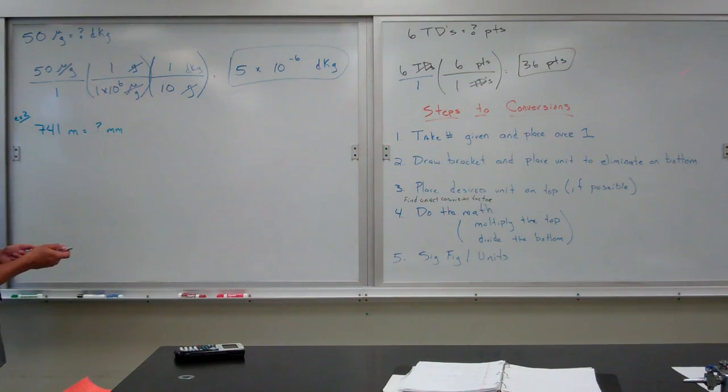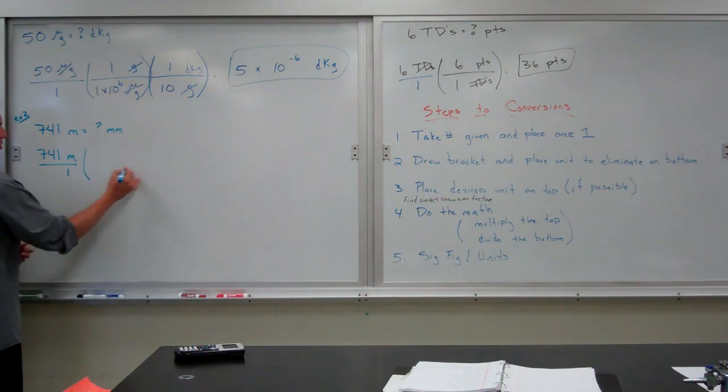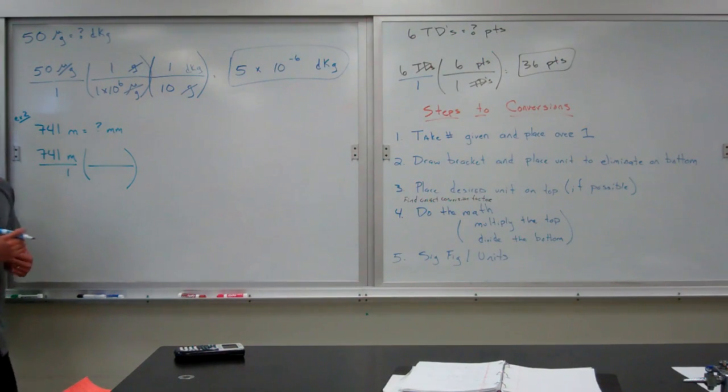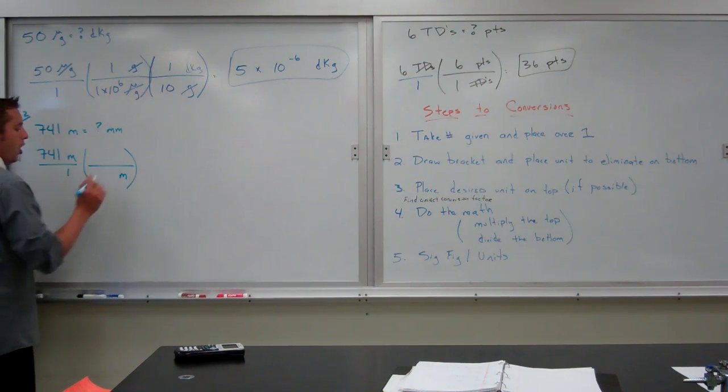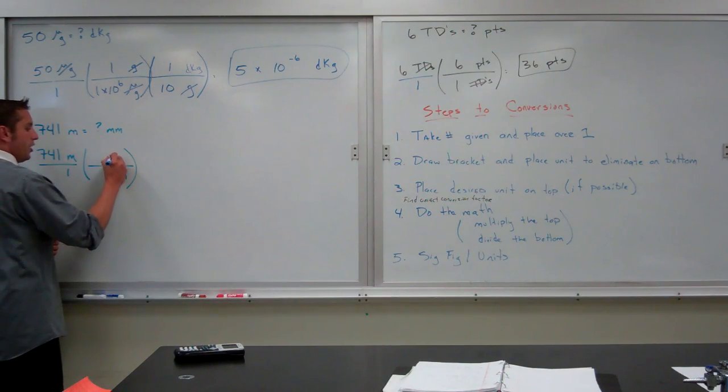Right? Step 1, take the number given and place it over 1. 741 meters over 1. Step 2 says draw my brackets and place the unit to eliminate on the bottom. That means I'm going to put meters on the bottom. Step 3, place desired unit on top.